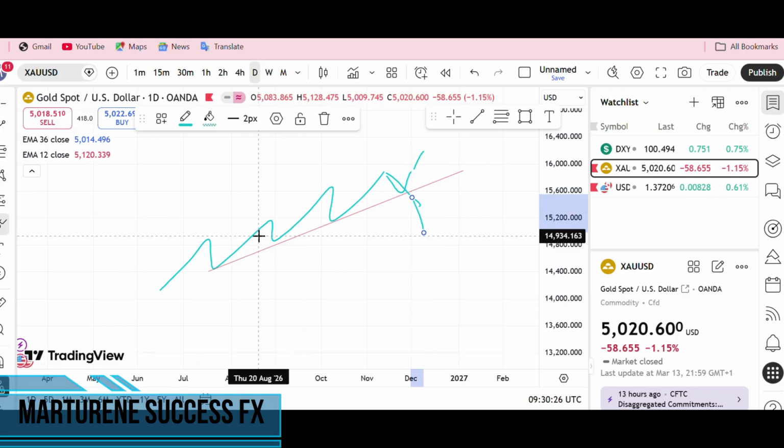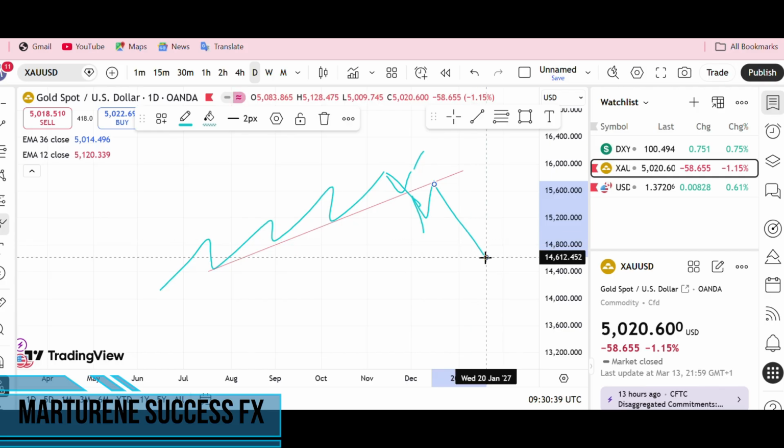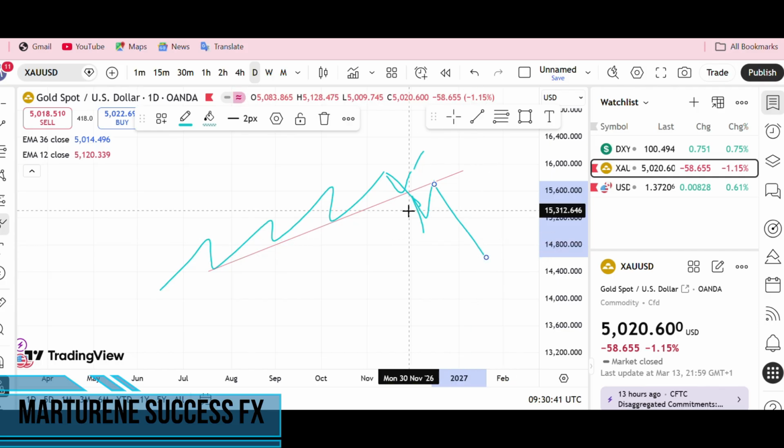But when we are trading the conservative method, we wait for the market to break and retest before we go for a sell. So these are the ways that we can get into a trade, using trend lines and support and resistance to enter a trade.